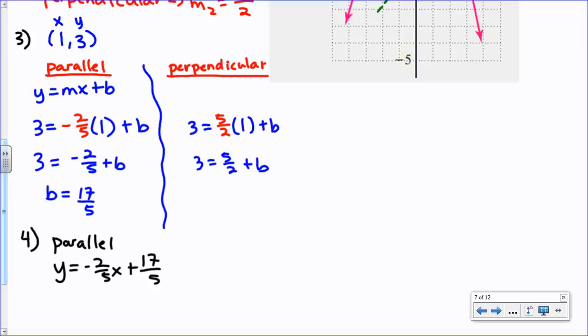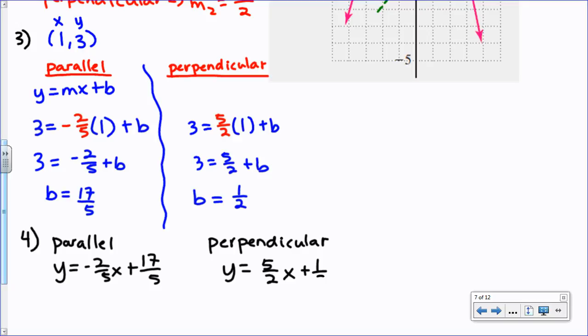Subtract 5 halves, so 3 minus 5 halves. b equals 1/2. All right, and then that equation is y equals 5 halves x plus 1/2.